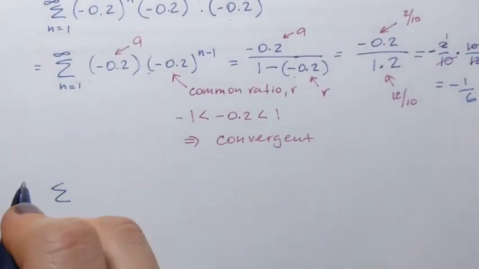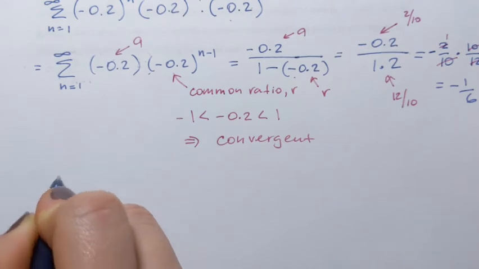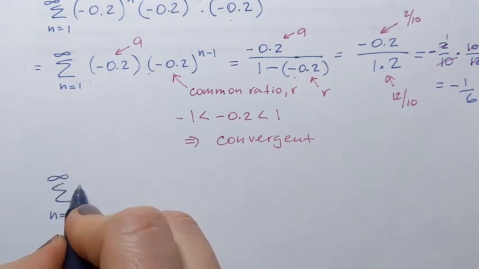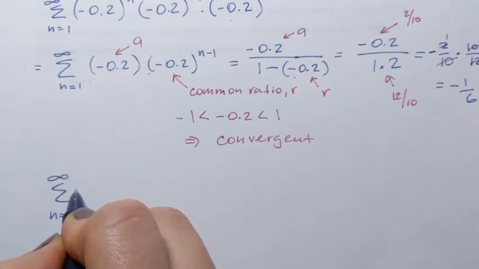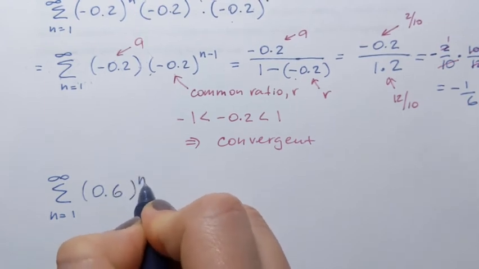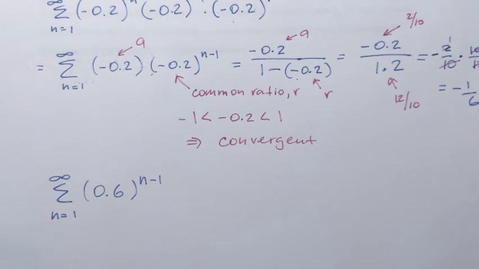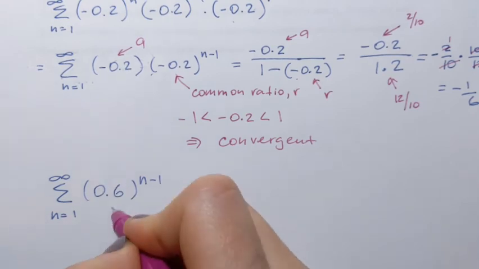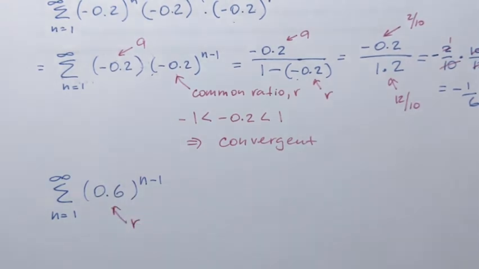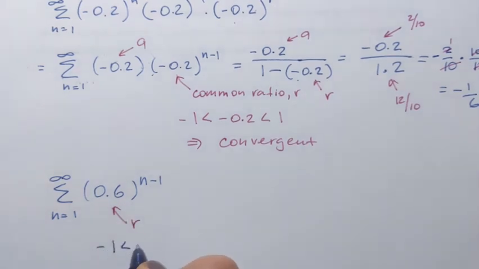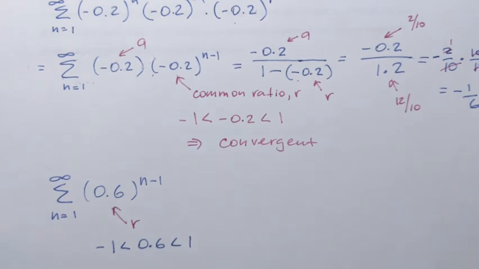That is the series with n from 1 to infinity of 0.6 to the power n minus 1. Now I already have the power that I need, so I don't need to do any adjustments here. So 0.6 is r. Since it's between negative 1 and 1, again, 0.6 is between negative 1 and 1, it means that the series is convergent.